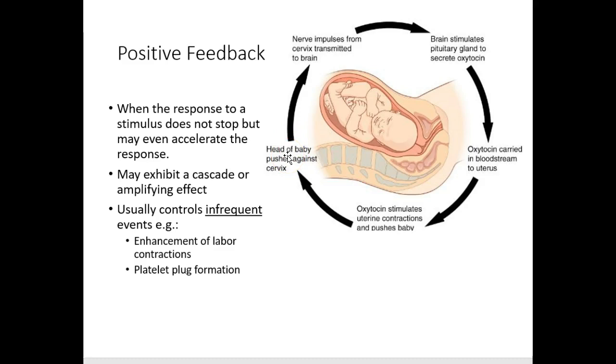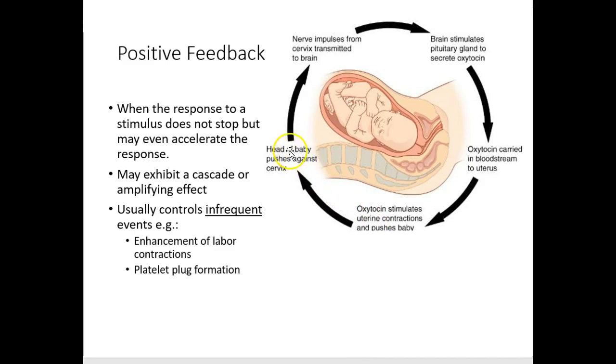This is childbirth. I believe in childbirth, the original stimulus comes from the uterus, and the uterus tells the brain to start making oxytocin. When oxytocin travels from the pituitary to the uterus, it causes uterine contractions.